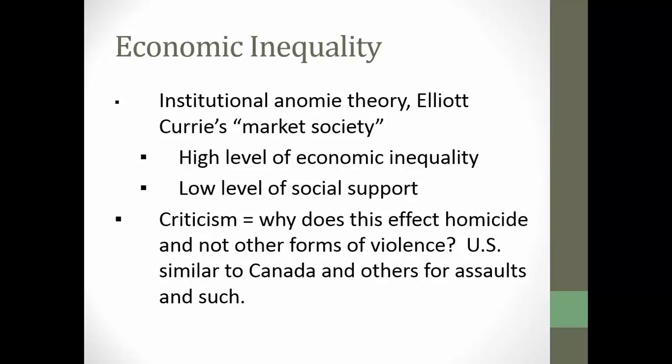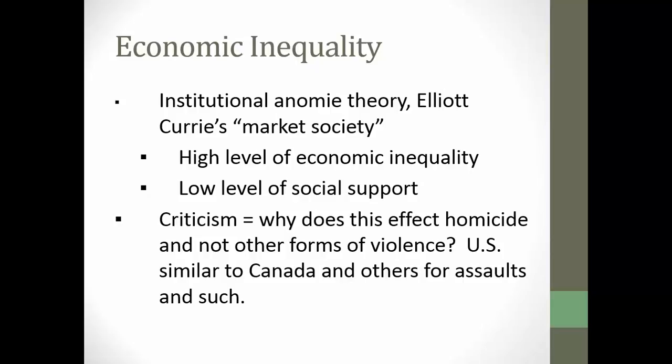Finally, one of the theories is that, and it's true if you look at city level data and country level data, where you see the most economic inequality, so the very wealthy living amongst the very, very poor, you tend to see higher homicide rates. The United States is exceptional in those two things: we tend to have a lot of economic inequality and very high homicide rates compared to everybody else.